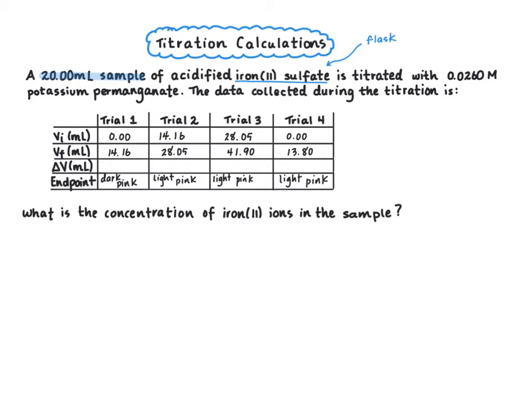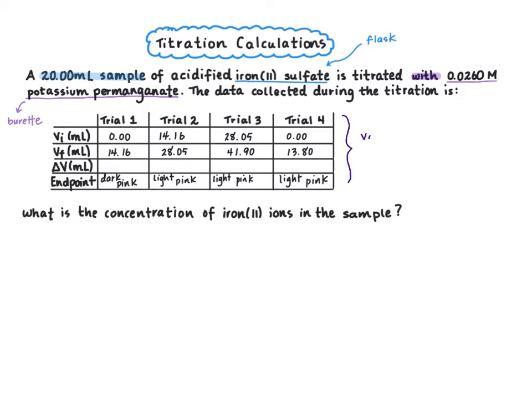And it's titrated with 0.026 molar potassium permanganate. That word "with" implies that our potassium permanganate is in our burette. And then we have our data collected during the titration.